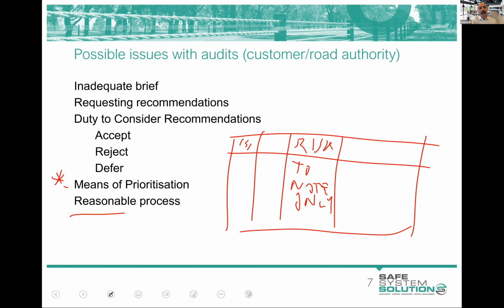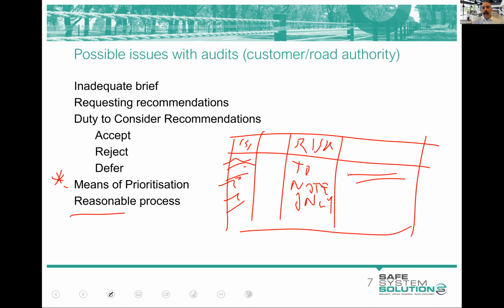I'd say, no swept path analysis was provided. The auditors are unable to determine whether vehicles will be able to make this turn. Risk: to note only. I don't know, it could be fine. It may not be. And then say, swept path analysis.